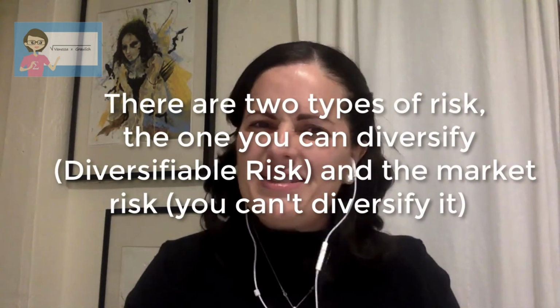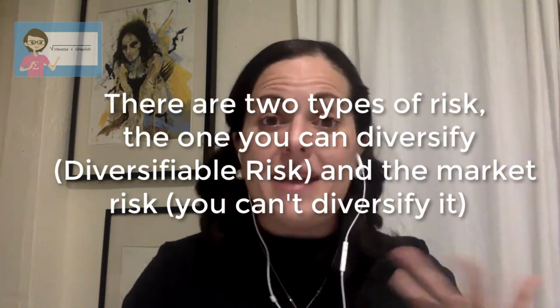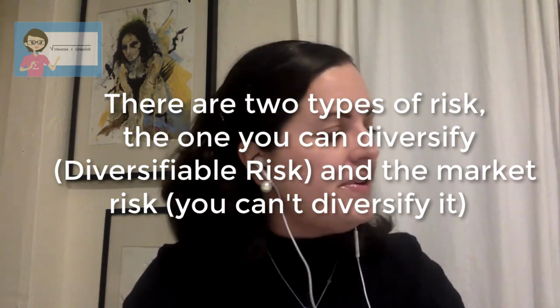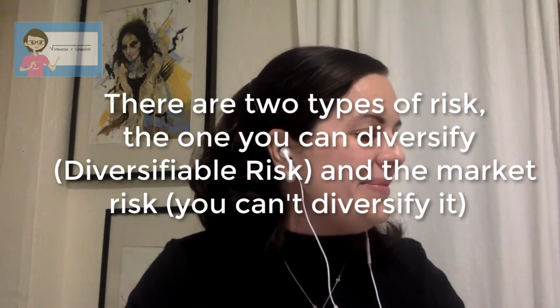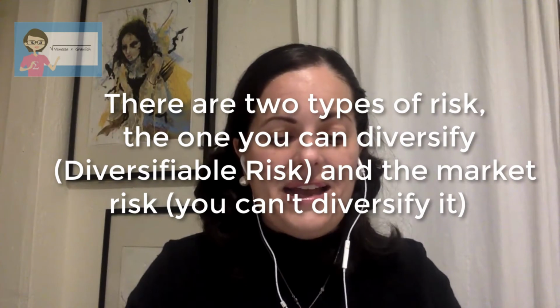Now, let's talk about the two types of risk that we're going to find. First, what is called diversifiable risk. This one is basically caused by random events, particularly within the firm.